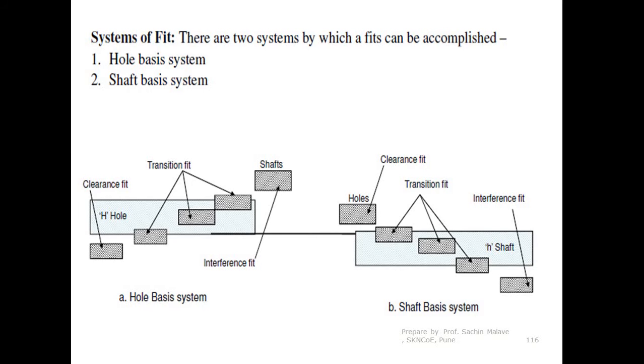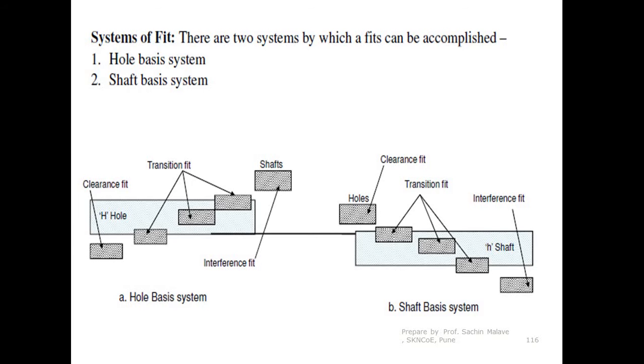So you can see in this case various fits, that is clearance, transition, interference, are obtained by just varying the sizes of the shaft only, whereas in all three conditions the size of the hole is constant. Reverse to that, this is a shaft based system.